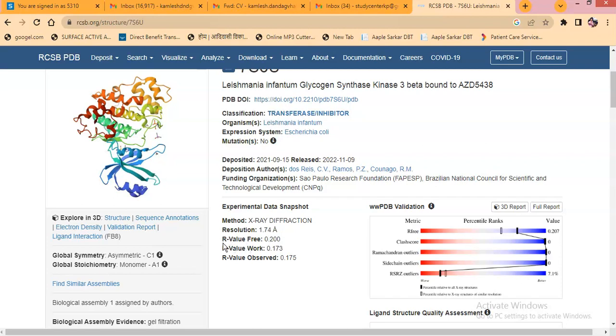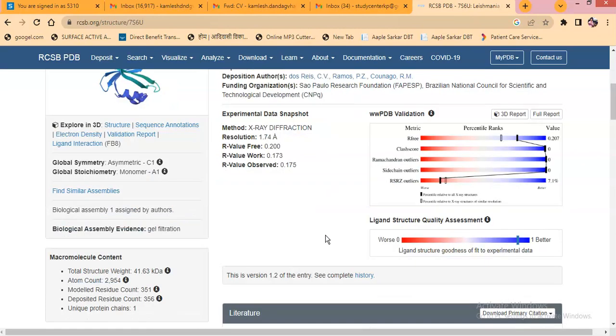Then R value free, that is 0.2, R value work, and the observed value. The difference between the R free value and the R observed value must be minimum, must be close. So this is a requirement.